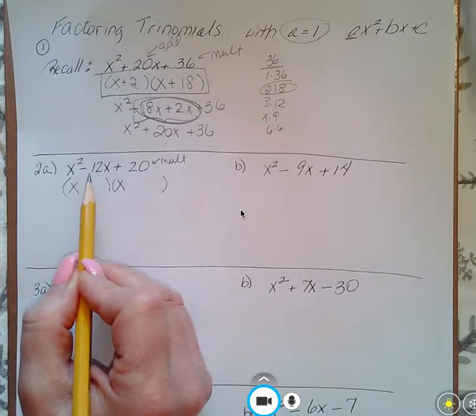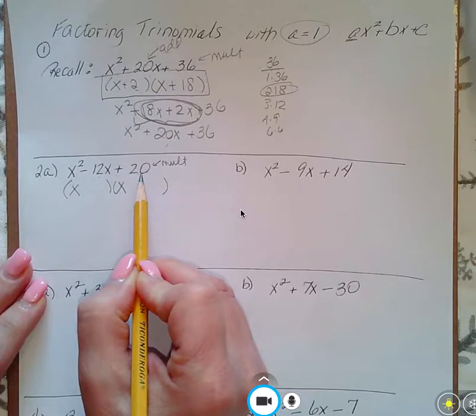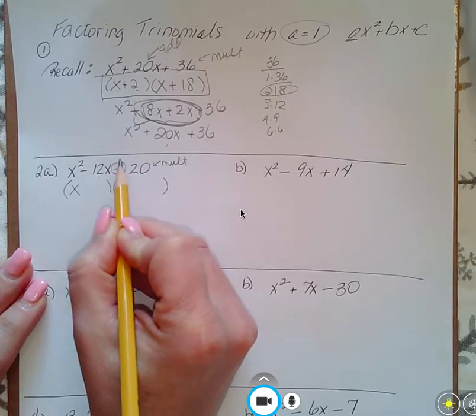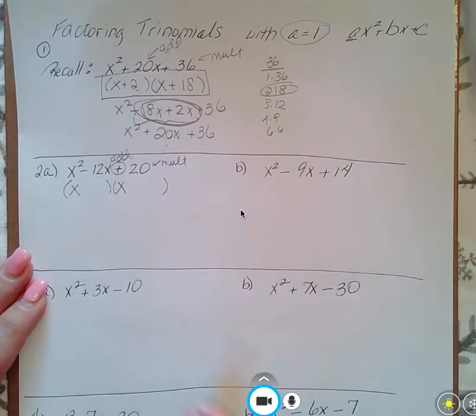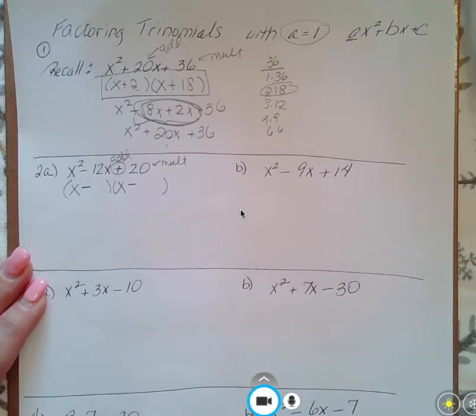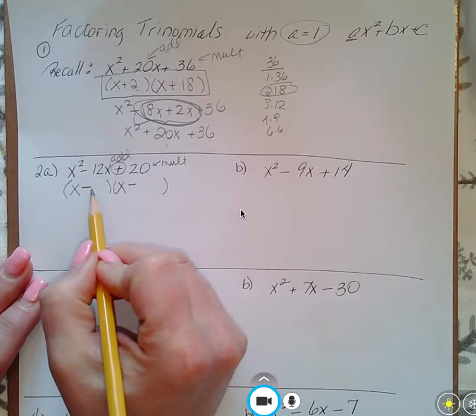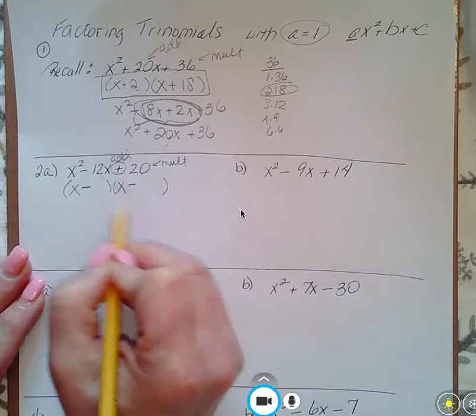So we want to multiply to 20, and this plus is telling us that we are going to add to 12, but we know that our signs are both going to be negative. So we have to multiply to get a positive 20 and combine to get a negative number.